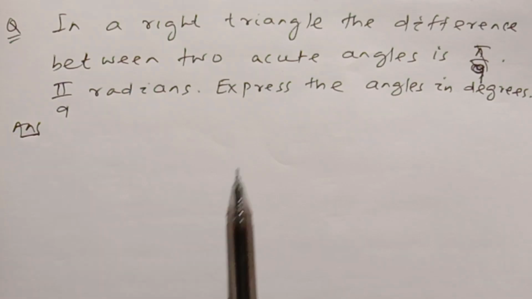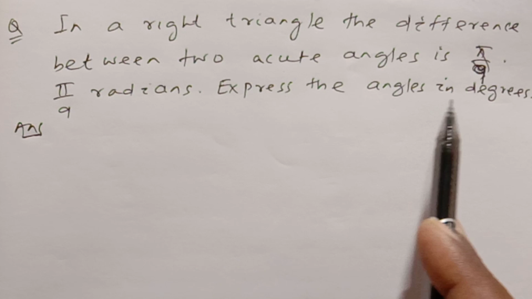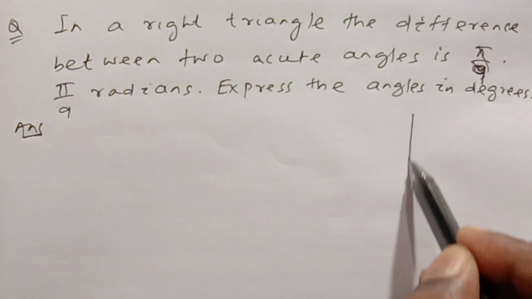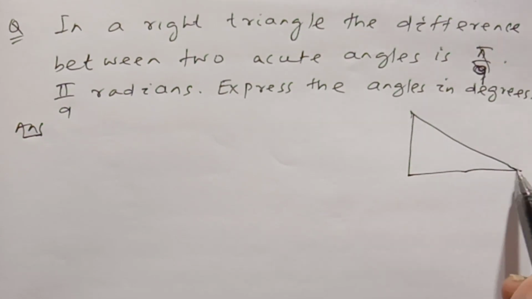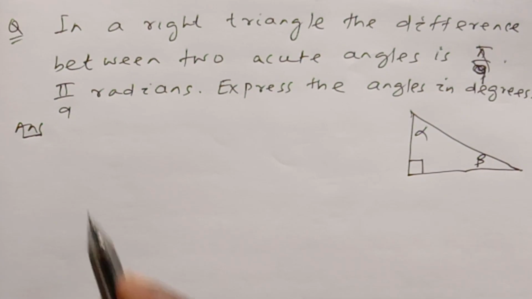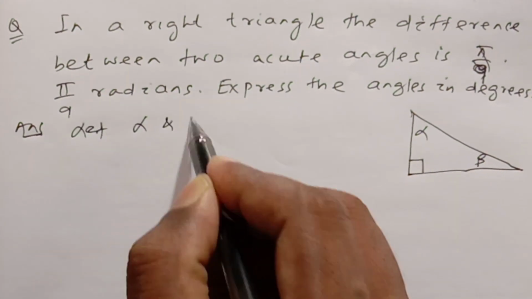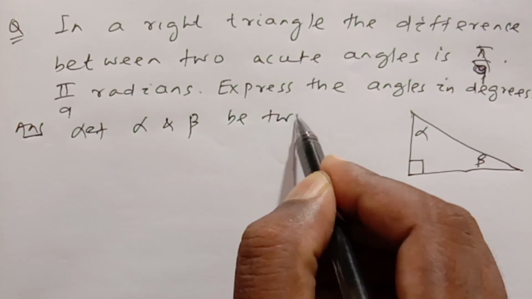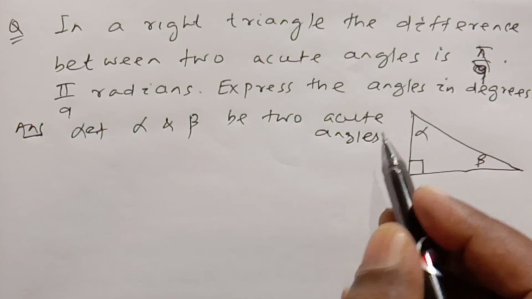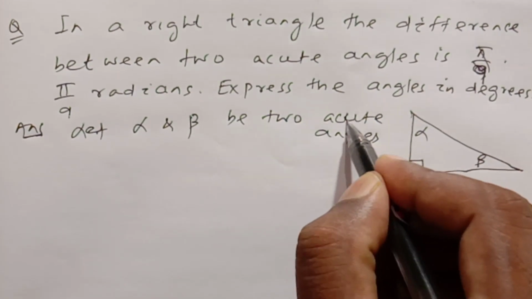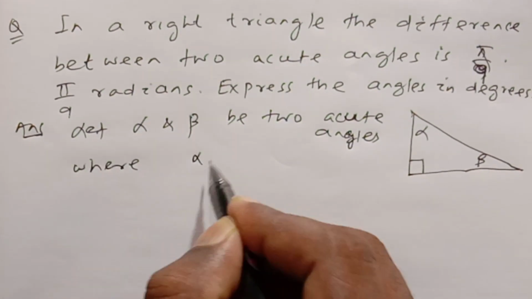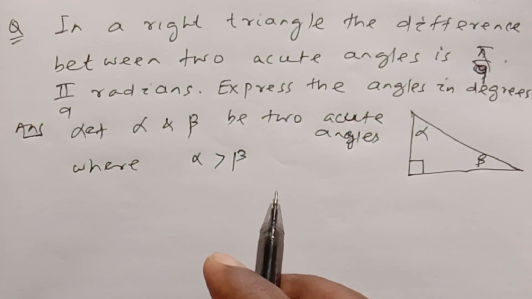One important question: in a right triangle the difference between two acute angles is pi by 9 radians. Express the angles in degrees. So dear students, suppose this is a right triangle and this is the right angle. Suppose this is alpha, this is beta, which are two acute angles, where alpha is greater than beta.